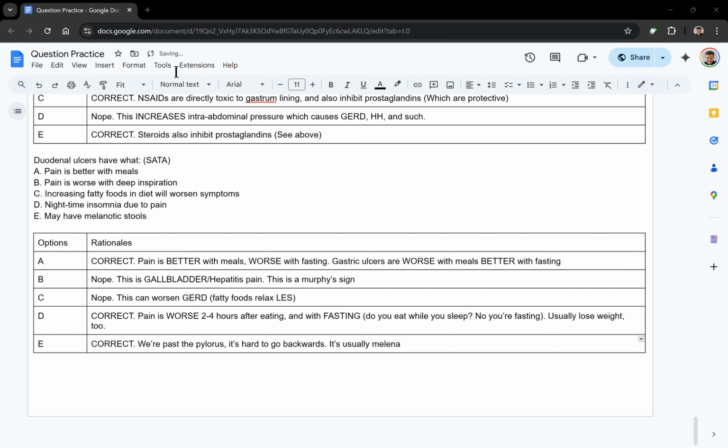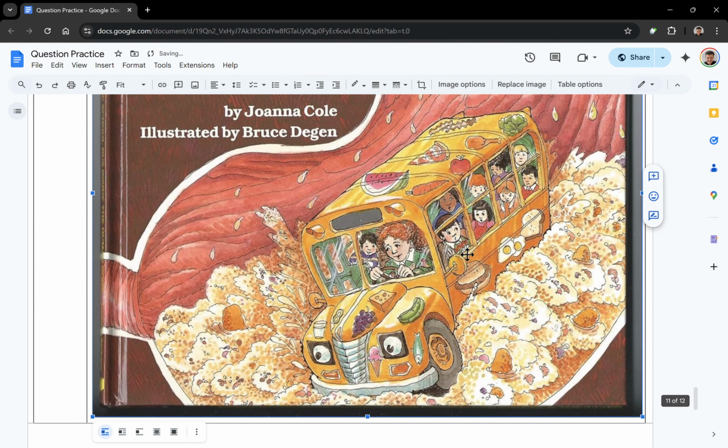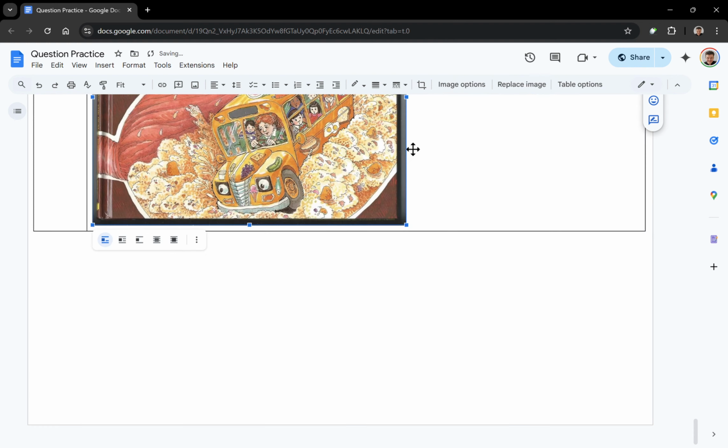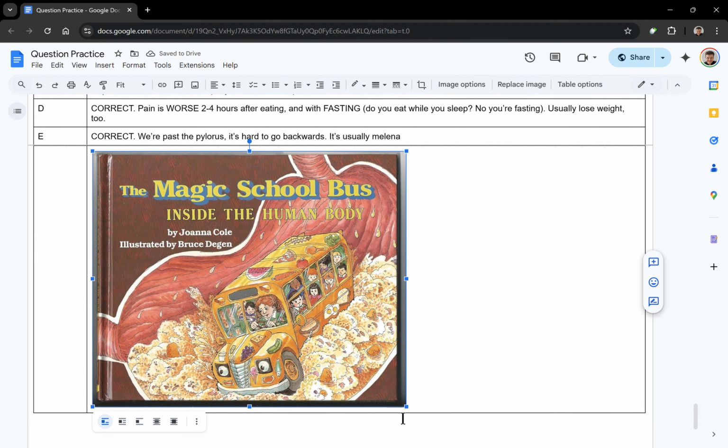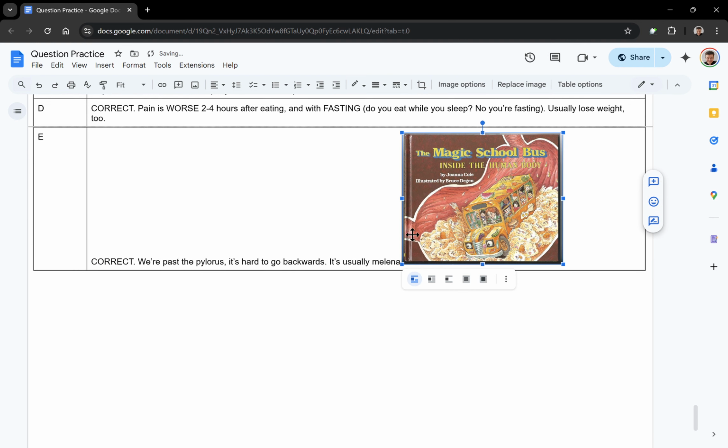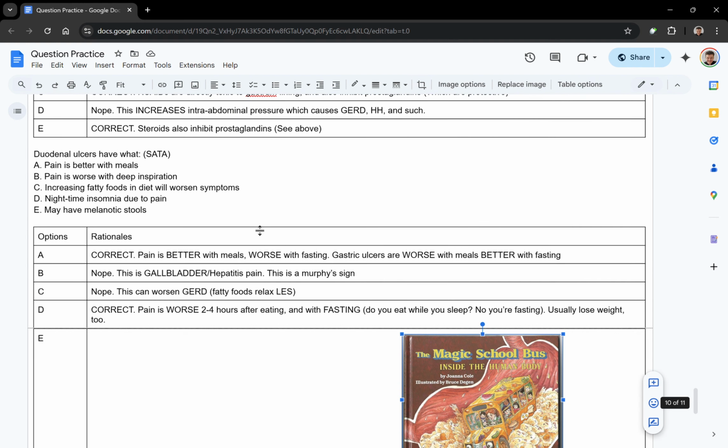Oh, perfect. All right, so you're past the pylorus at that point. Once the pylorus is shut, it's really hard for it to back up. Okay. All right, good. What else?